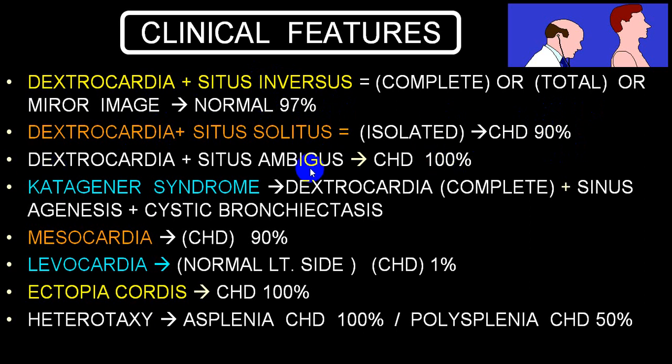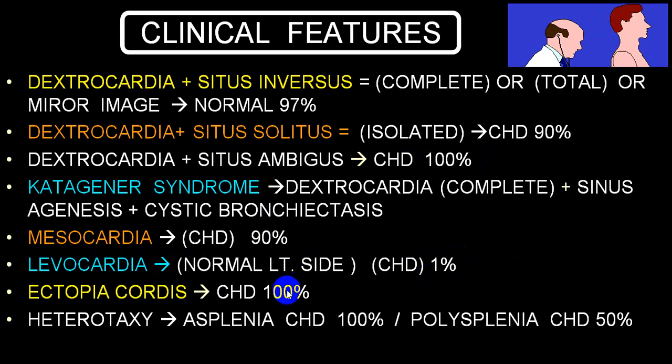In Kartagener syndrome, along with dextrocardia, there is sinus agenesis and cystic bronchiectasis, but congenital heart disease again here is 3 to 5%. Mesocardia, 90% congenital heart disease. Levocardia, normal, again we can call that 1 to 5%.